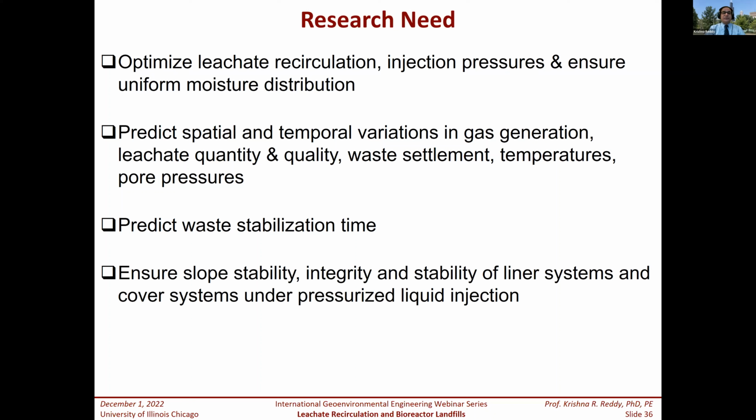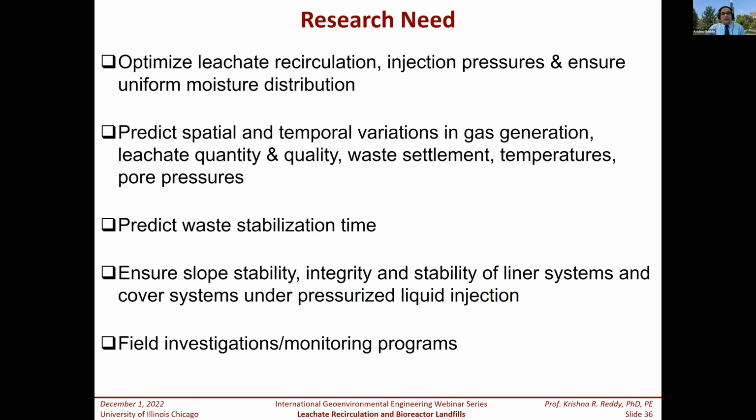And how do we ensure slope stability, integrity, and stability of the liner systems and cover systems under pressurized liquid injections? Also, there are not many field investigations and detailed monitoring programs. It's hard to find any bioreactor landfill that is well instrumented so that we can know exactly what's going on, spatially and temporally.